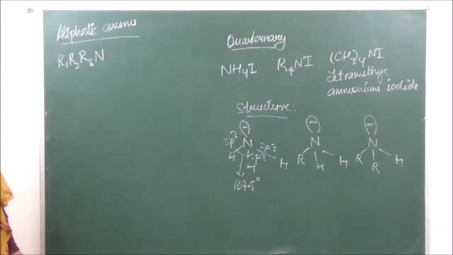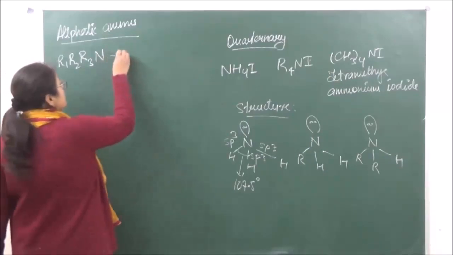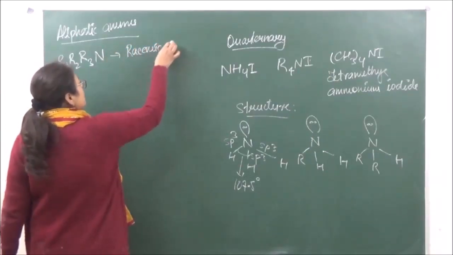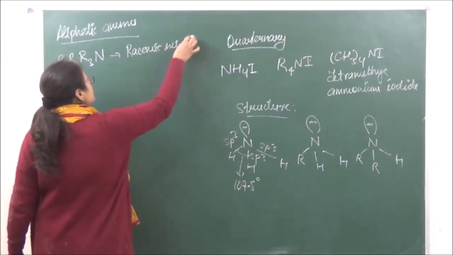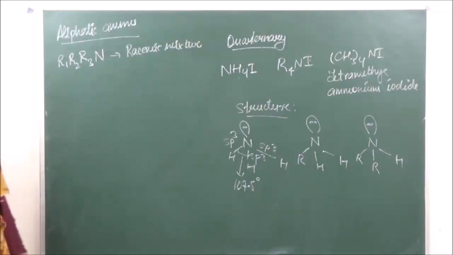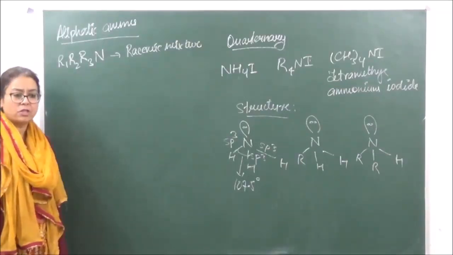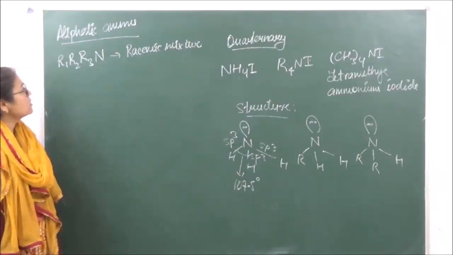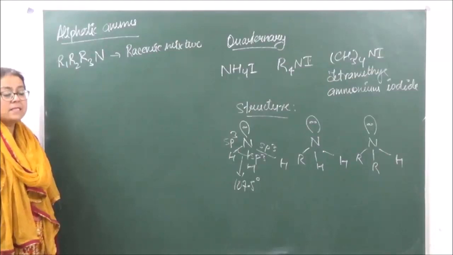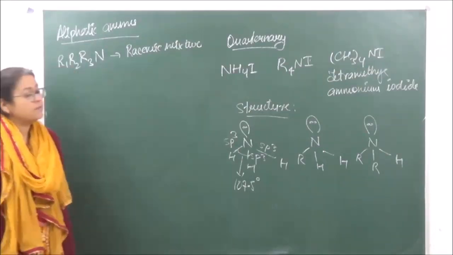Now in this particular compound, we say that this is going to form a racemic mixture. You know what an optically active isomer is? All those to which all the three alkyl groups attached should be different. Okay? So if we see its structure, the three alkyl groups attached are different. But still we say that it is optically inactive or it is making a racemic mixture.